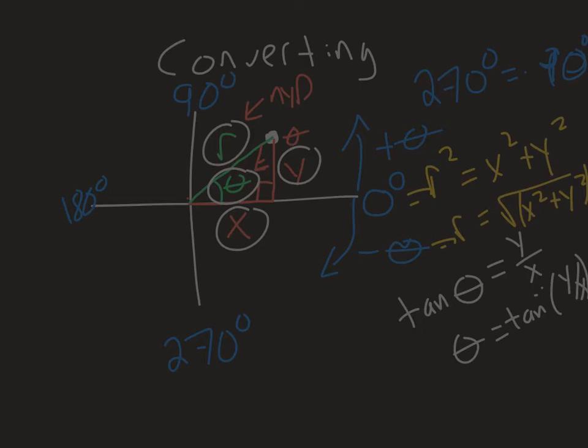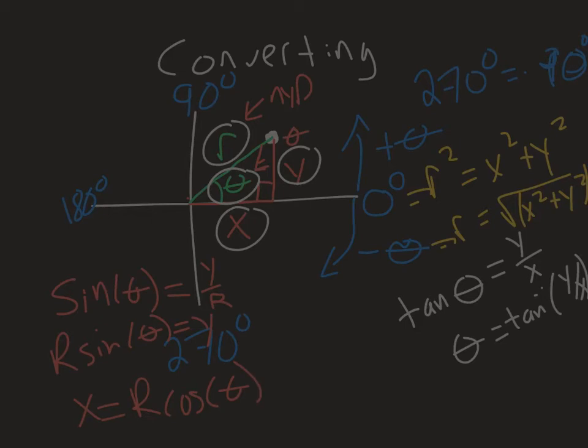So, if we think about sine of theta, that's going to equal y over r, which if I multiply both sides by r, I get r times the sine of theta equals y. And then likewise, I can follow a very similar result to figure out what x is. It'll just be a cosine. So x will equal r times the cosine of theta.